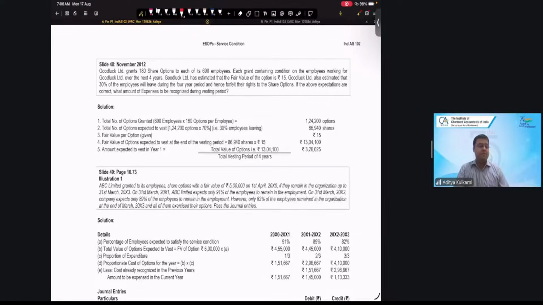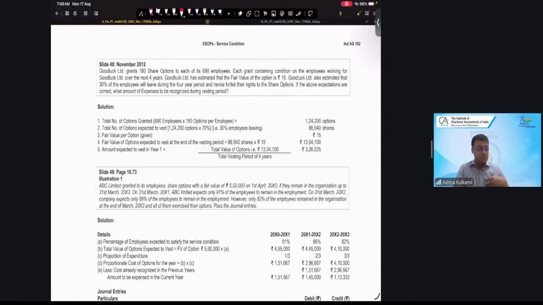In terms of your share-based payments, we have a couple of terms which are used frequently. Like, for example, the first one is your grant date. What do you mean by grant date? It refers to the date when all the terms are finalized, approvals are received, and the share-based payment plan is communicated to the employees.